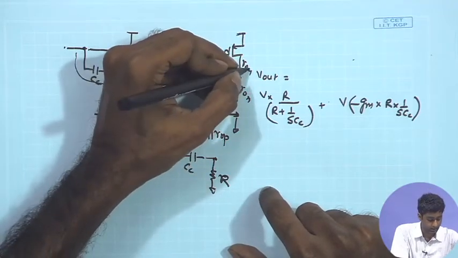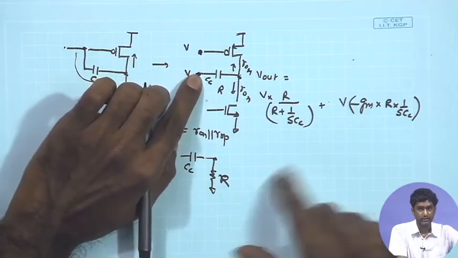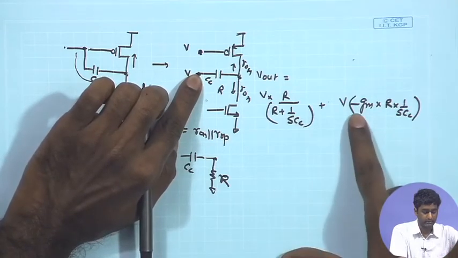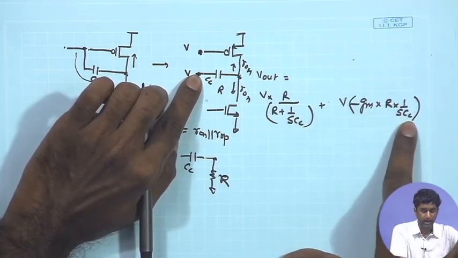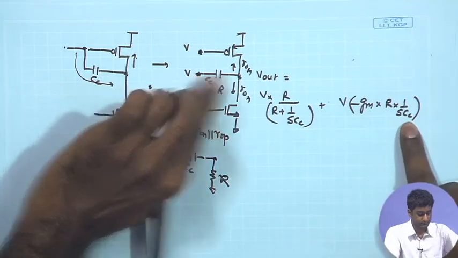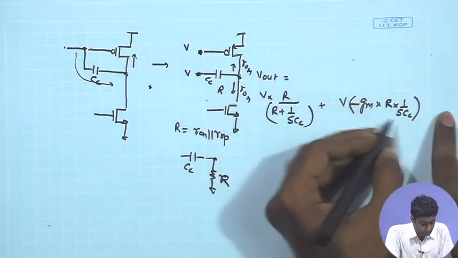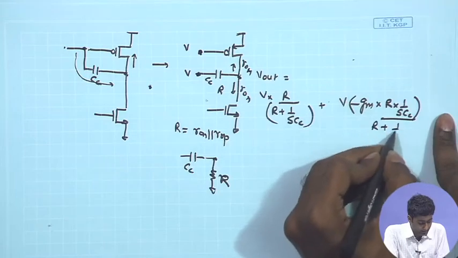So, I can write down the overall impedance minus GM times R parallel 1 upon SCC. Sorry, let me just complete this, R plus 1 upon SCC.